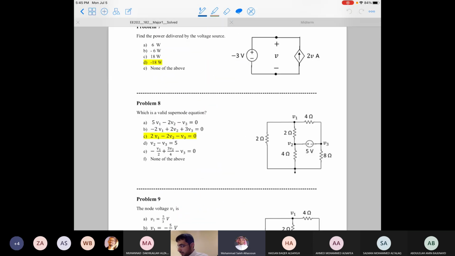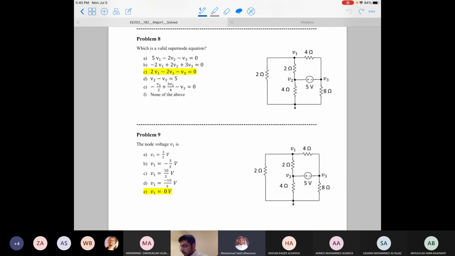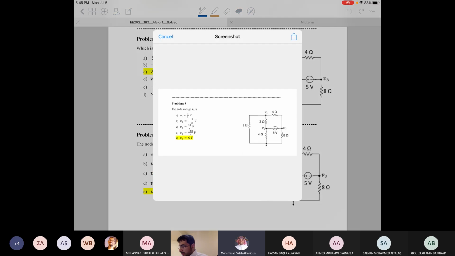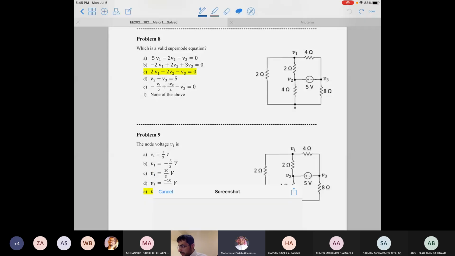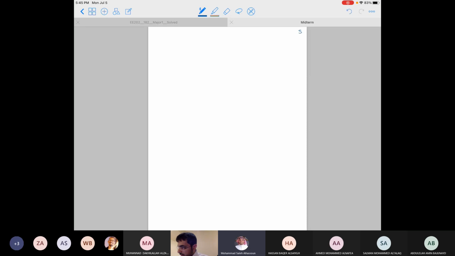So let's move on. This exercise is the same circuit, but it asks us to find V1.